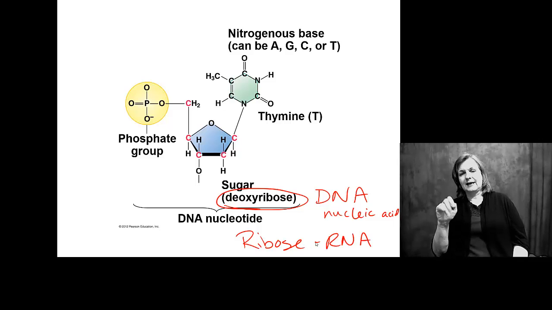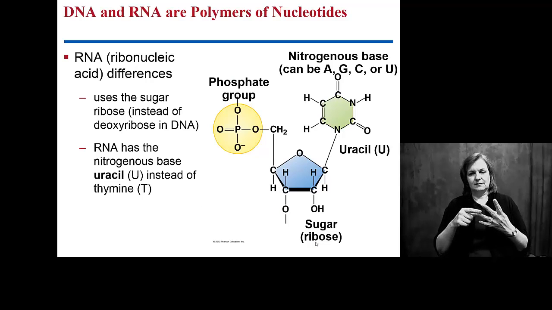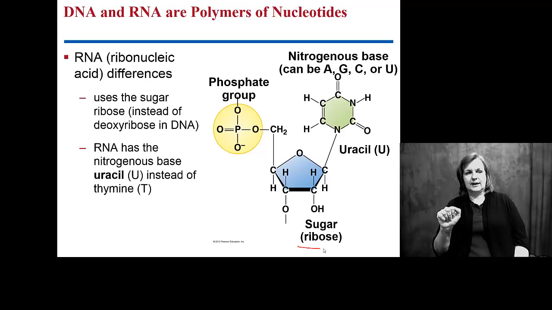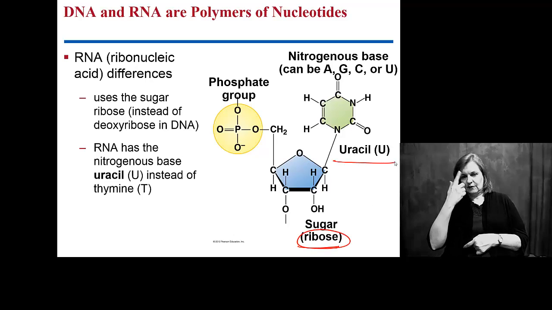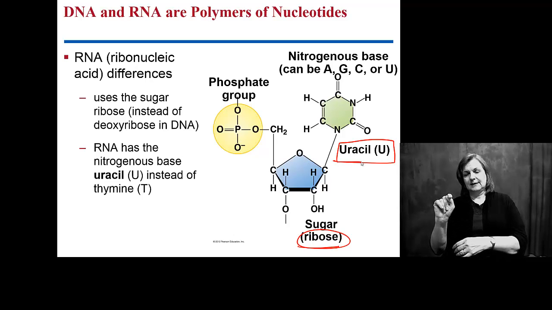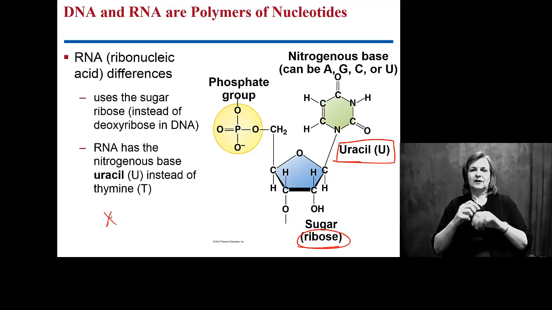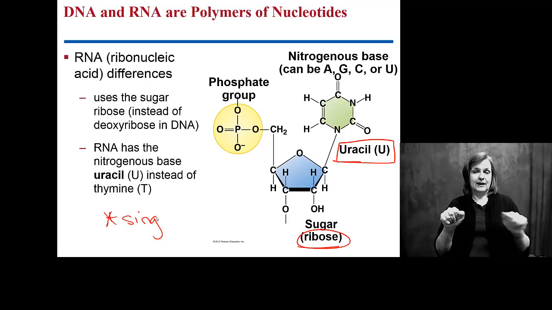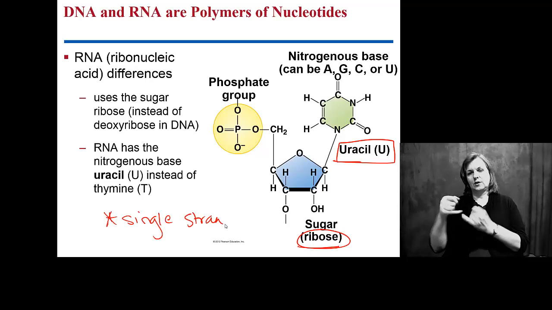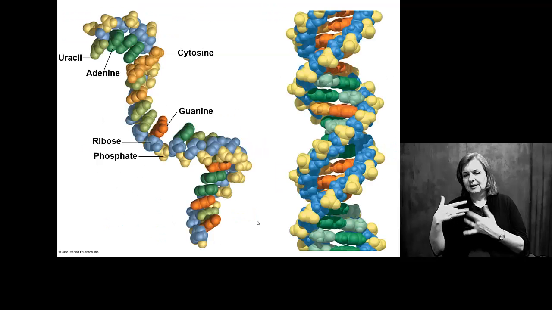And when we put these together in its larger structure with RNA, here's the ribose sugar for RNA. We mentioned before that RNA has a U for uracil instead of the T for thymine. Other than that, structurally very, very similar. The only other thing we've mentioned before is that RNA tends to be single-stranded. It doesn't have to be, but it tends to be.